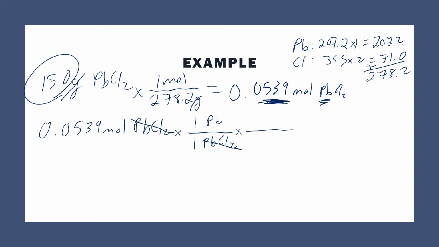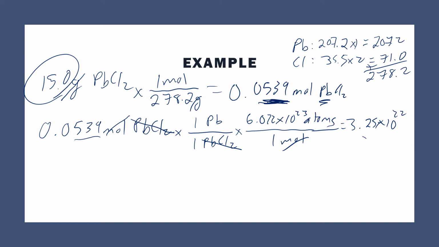And then, since I want atoms, I need to use Avogadro's number, 6.022 times 10 to the 23rd atoms, or whatever type of particle, per mole, and now moles will cancel. So when you multiply that out, and again, we're using those 3 significant figures, 3.25 times 10 to the 22nd atoms of lead.